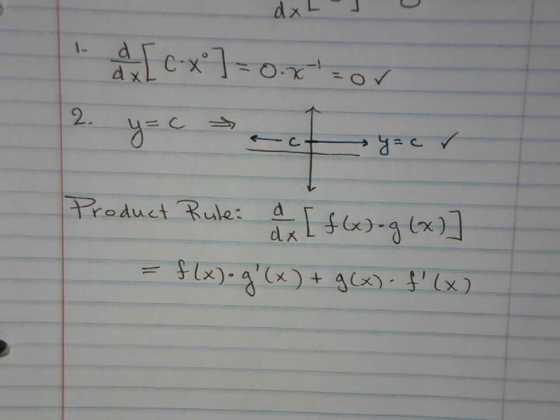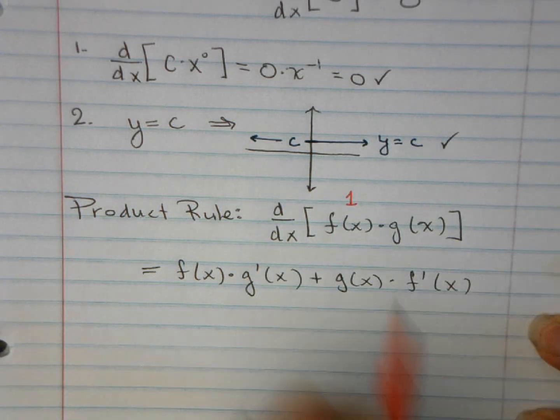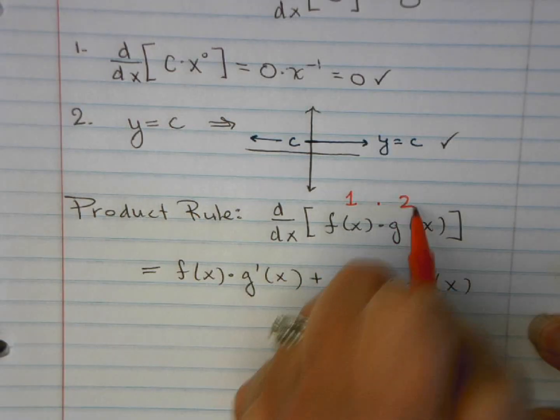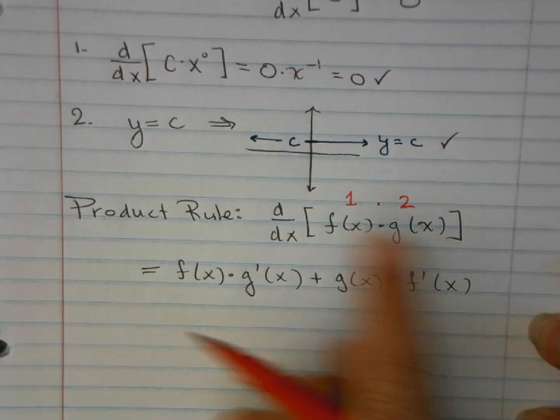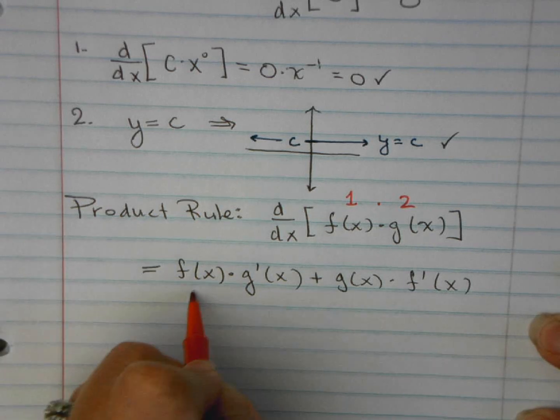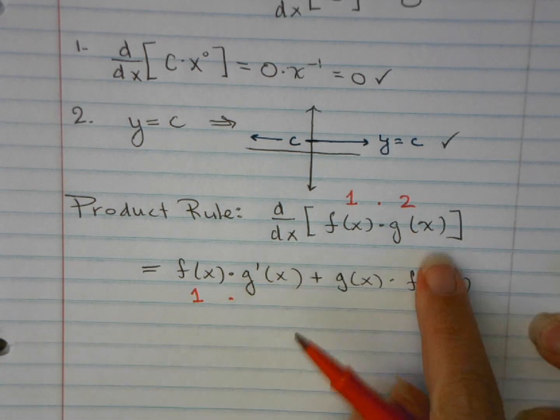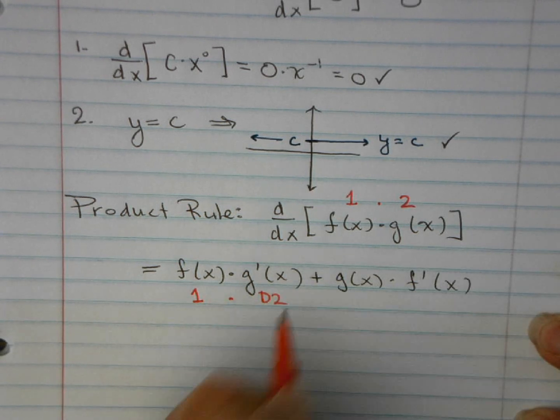There is a little chanty song that you can sing with this as well. I'm going to call f of x my equation 1, and g of x my equation 2. So if I look at this rule, this is equation 1, and I'm going to multiply that by the derivative of the second function. I'm going to use d to mean derivative.